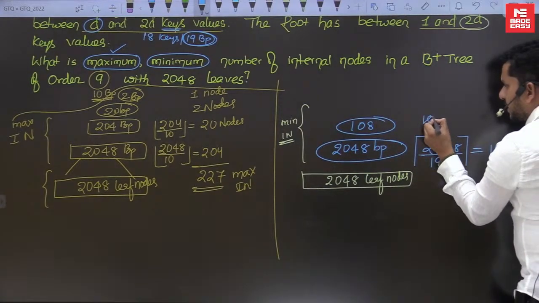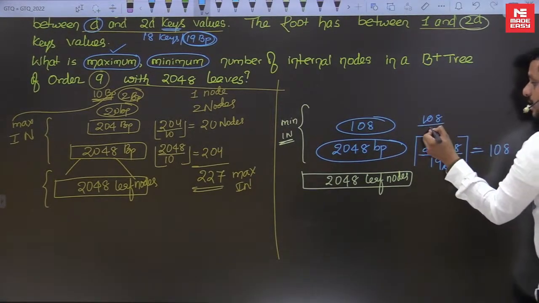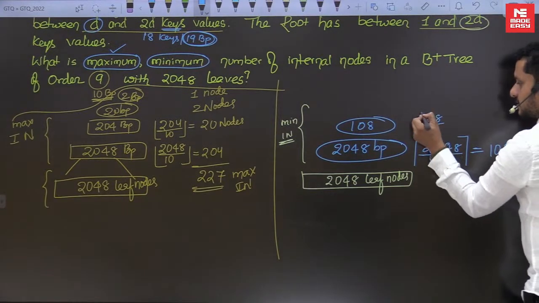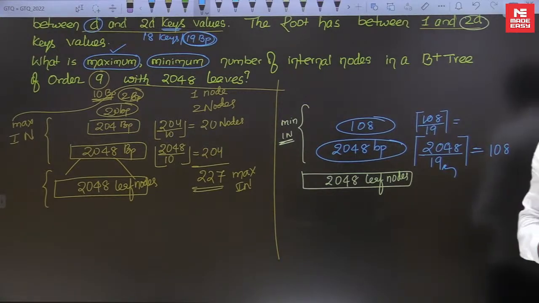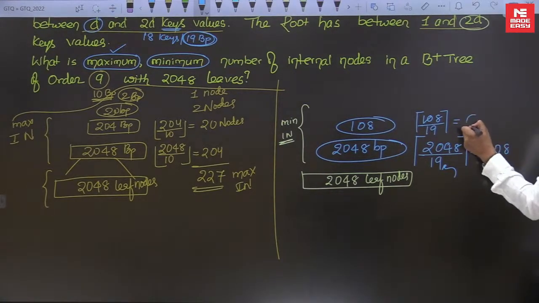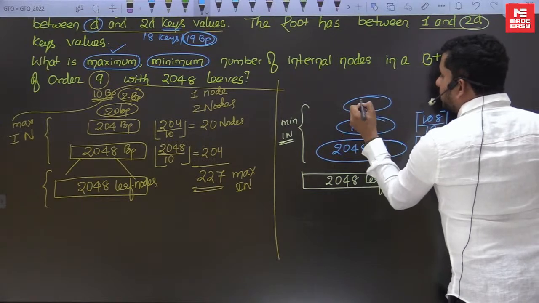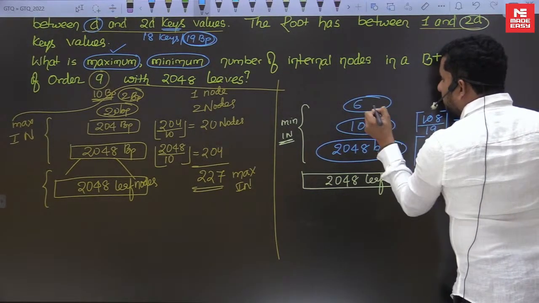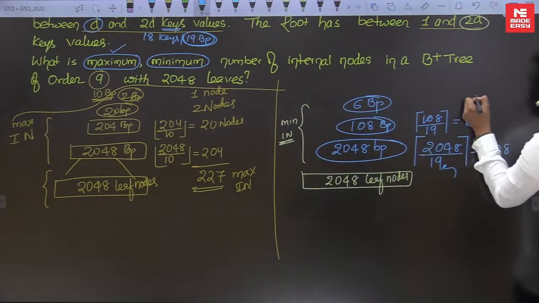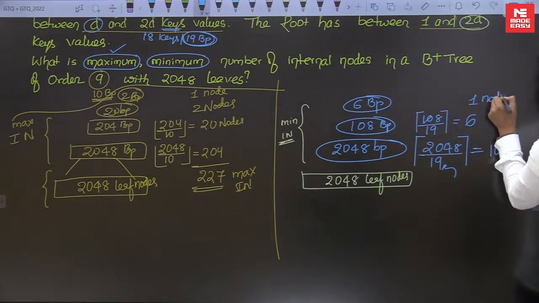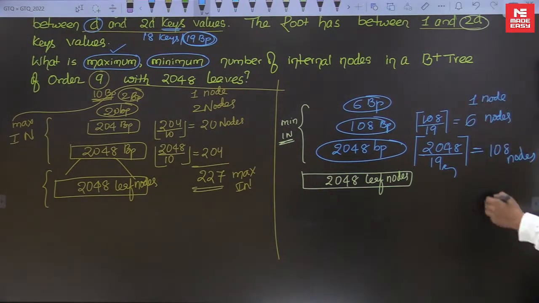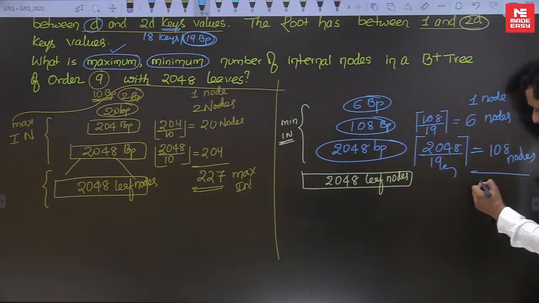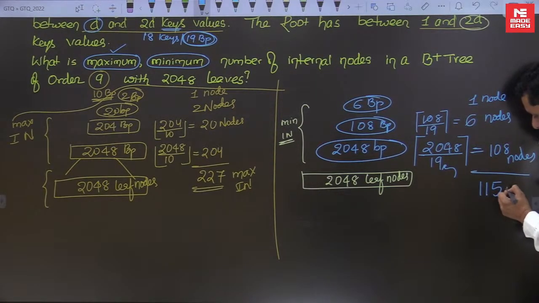So 108 divided by 19, since each node can have at most 19 block pointers, gives 6 nodes. So at the previous level, 6 block pointers, which means 1 node. So total 114 plus the root node, which is 1. So total 115 nodes.